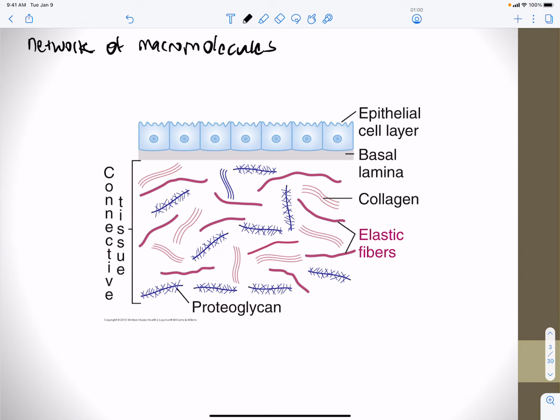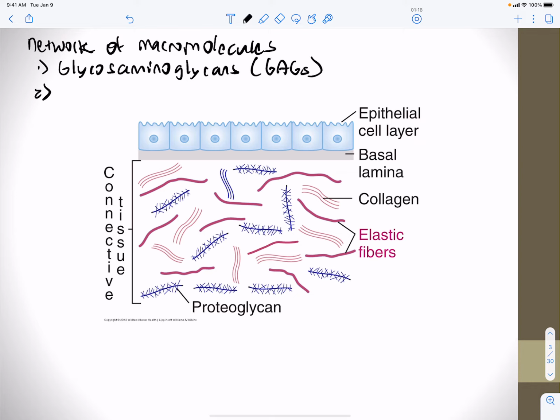Now they're going to be made up of two major classes, your glycosaminoglycans, or your GAGs, and also your fibrous proteins.